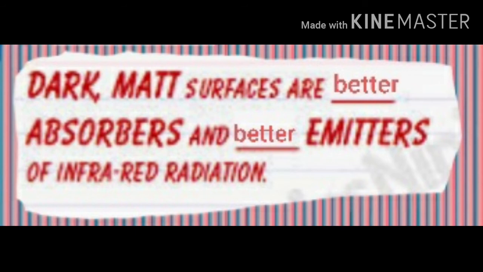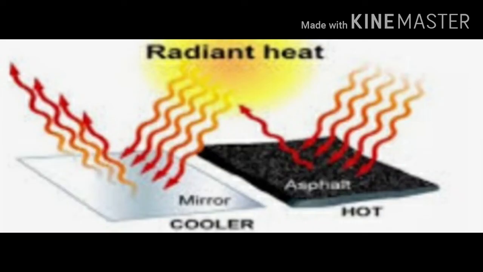Dark colored objects absorb heat better and also emit heat better than light colored objects. We will now describe some everyday situations where the color of the object plays an important role. We use dark colored objects where we want to absorb more heat and light colored objects where less heat is desired.